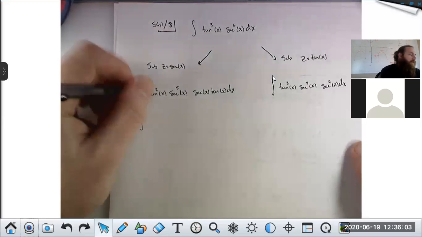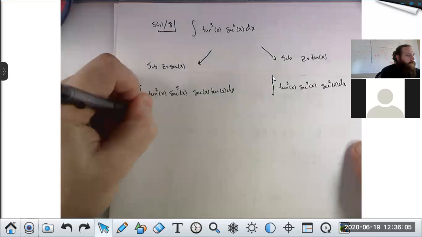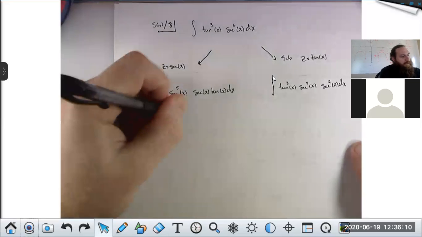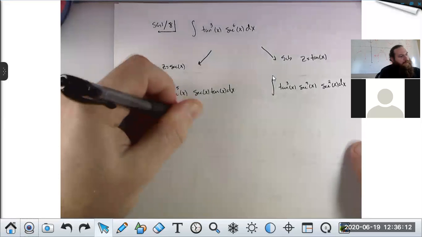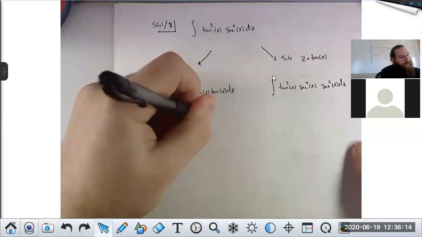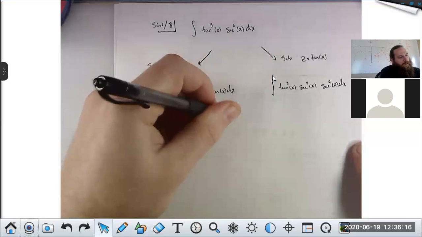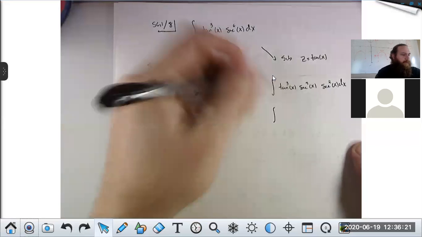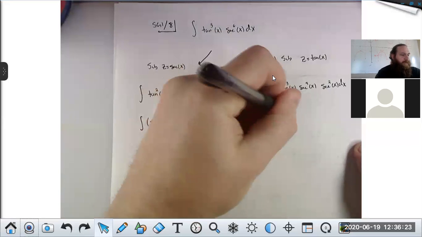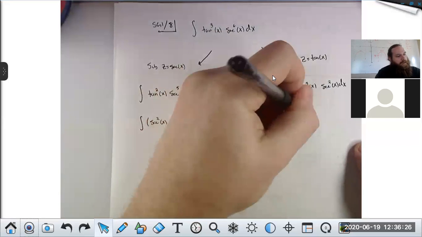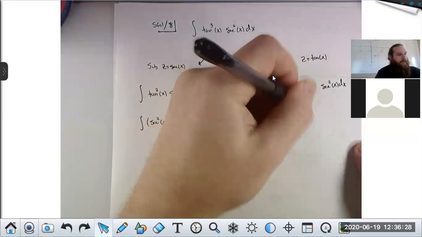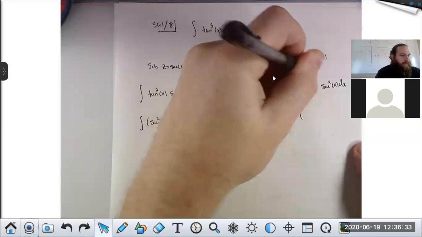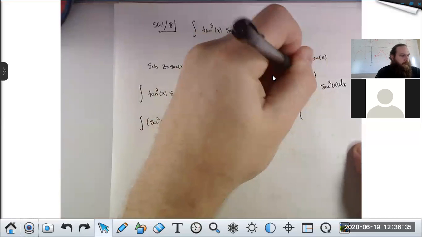Tangent squared can be written as secant squared minus 1, and over here, secant to the 4 can be written as secant squared, all squared.